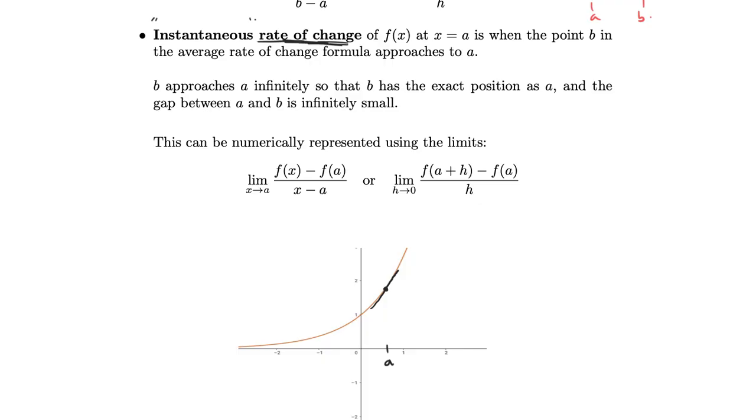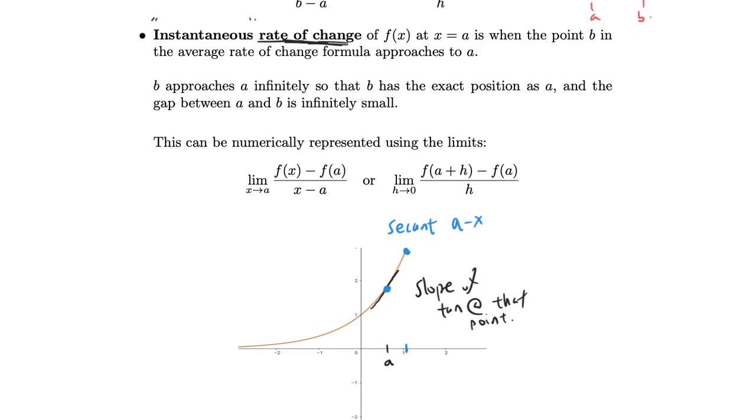So it is the slope of the tangent at that point. And the way in which we choose to find this is that we're still going to take an average rate of change, and it's going to be on this secant that goes from a to x.